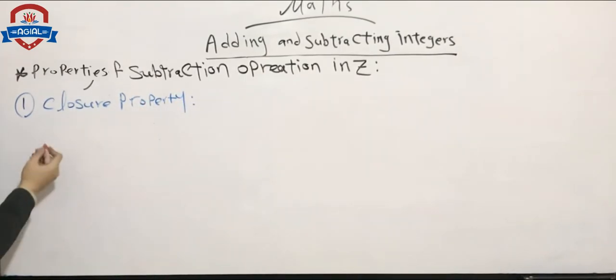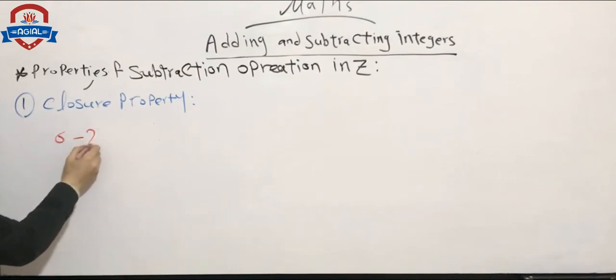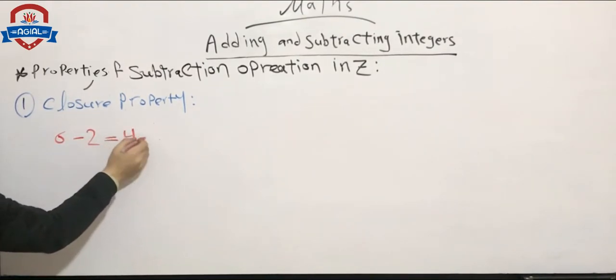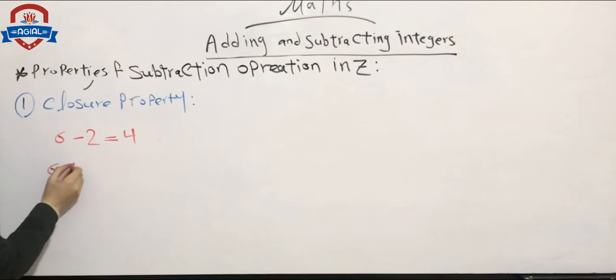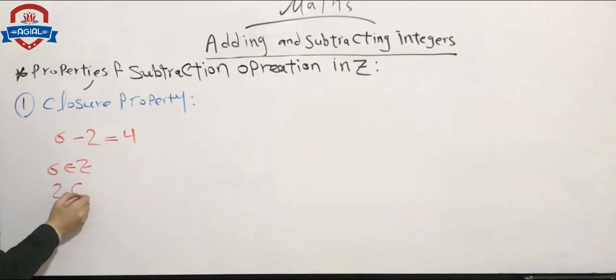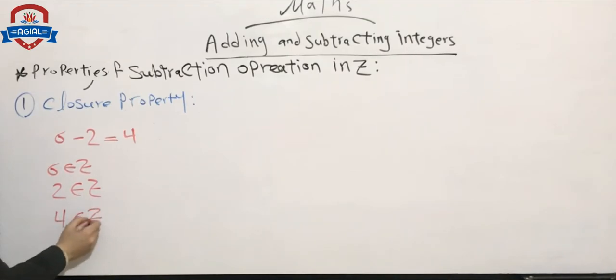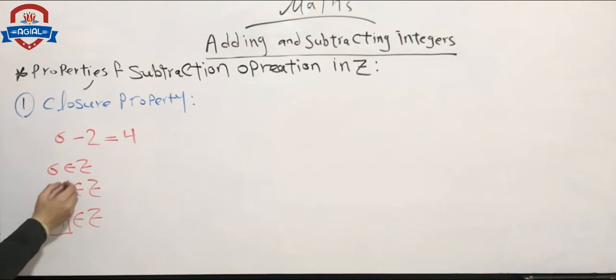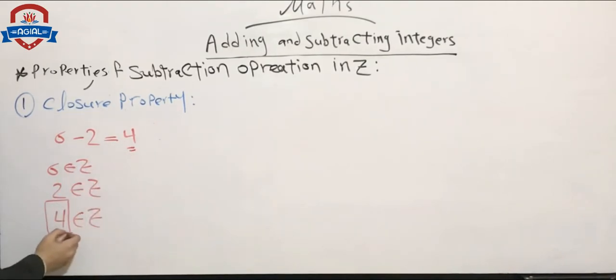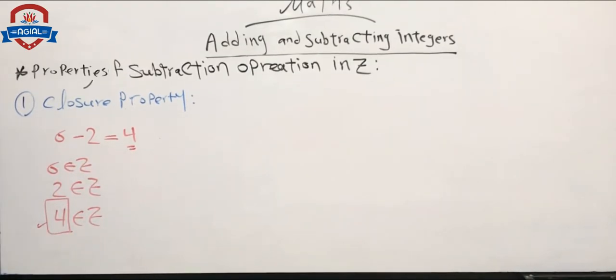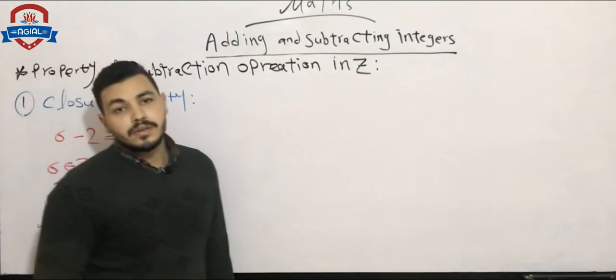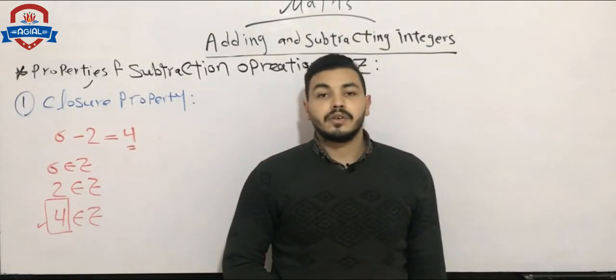If we have 6 minus 2 equals 4, 6 belongs to Z, 2 belongs to Z, and 4 belongs to Z. So the subtraction of any two integer numbers is an integer number. So Z is closed under the subtraction operation.